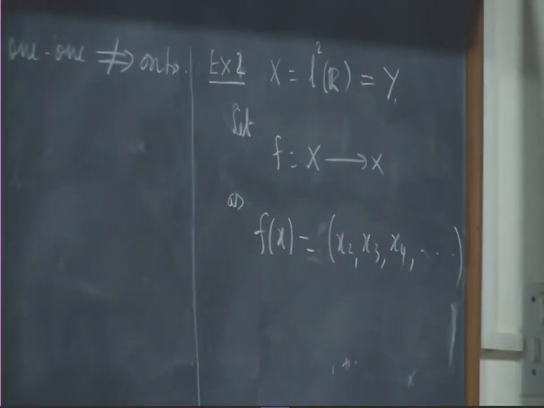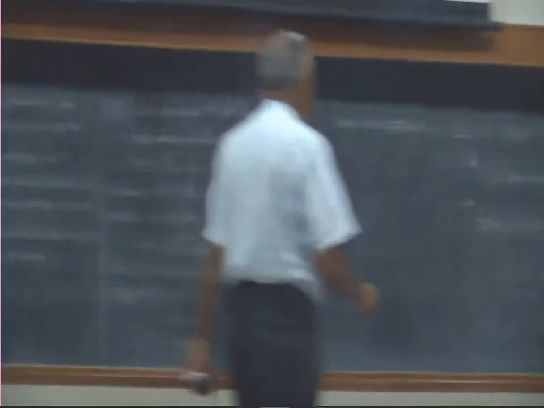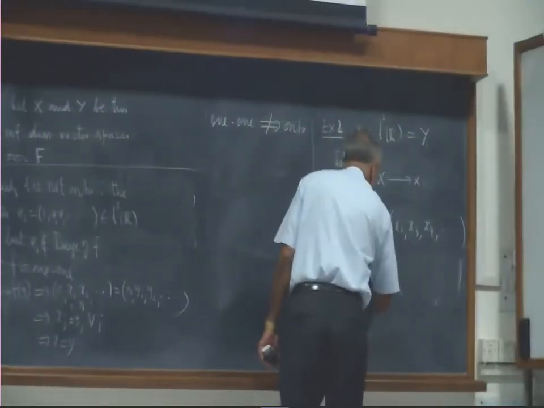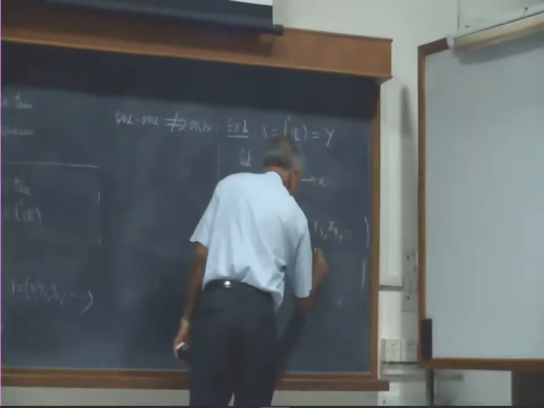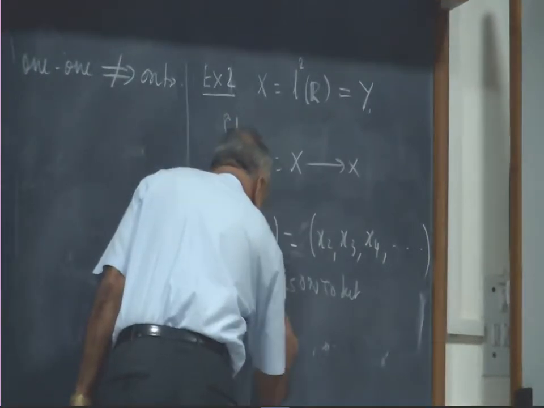It's linear, now it is onto, because any vector can be caught as the image of some fellow, but it is not 1-1, because you give any value for the first component and 0 to all the components, they all go to 0.